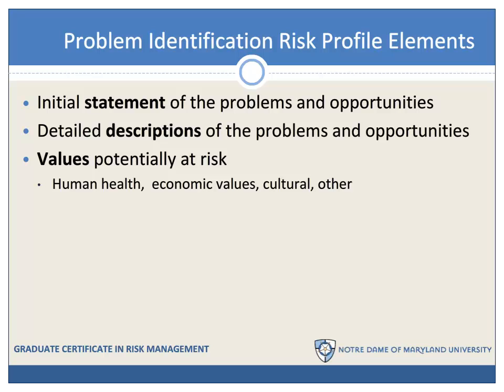This would include describing the values potentially at risk, perhaps human health, economic values, cultural assets, or other asset values. This is where you would pull those out into considerable detail so that people can understand the problems and opportunities as completely as is possible at this point in time before you would begin a formal risk assessment.